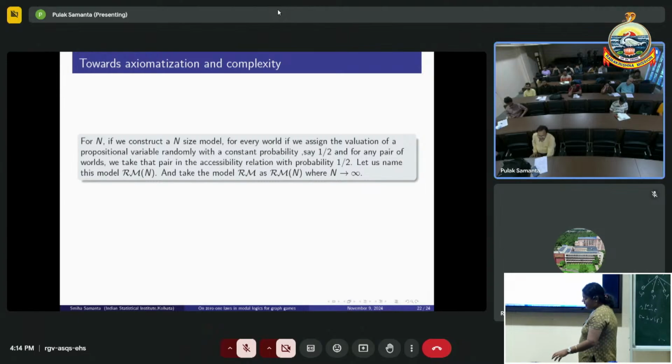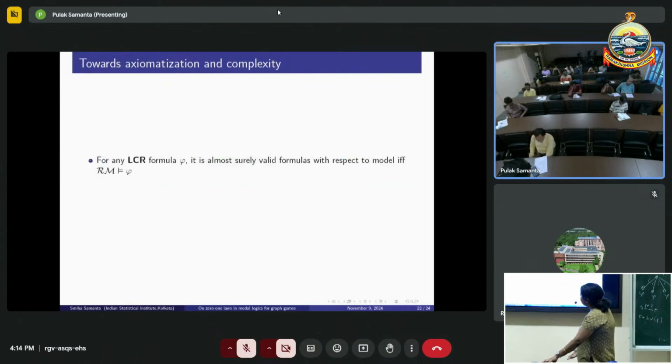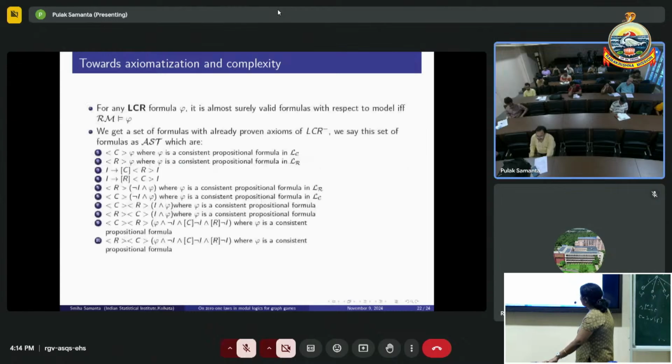We call this a random model Rn, as n tends to infinity, and similarly we can show that a formula is almost surely valid if it holds in that random model. We get a set of formulas, and with the already proven axioms of LCR minus I, we have shown that if any model satisfies these formulas, it is bisimilar to the random model.